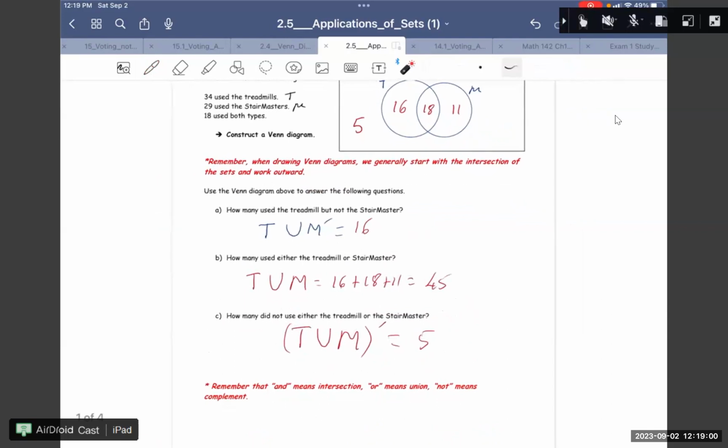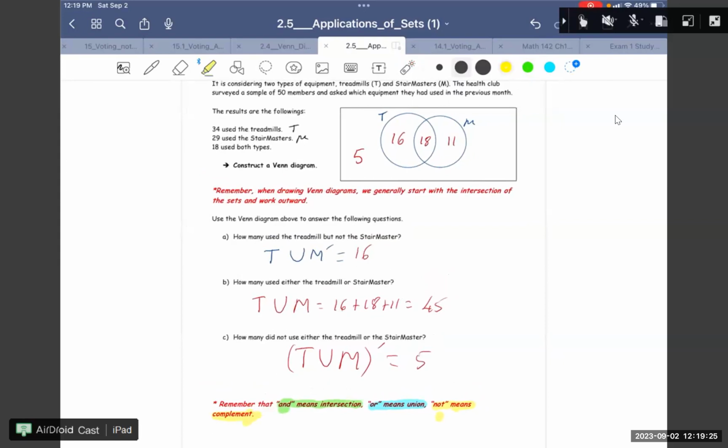Remember, and means intersect, and let me highlight this one, or means union. And not means complement. So those are the three key words, or three phrases, we can look for.